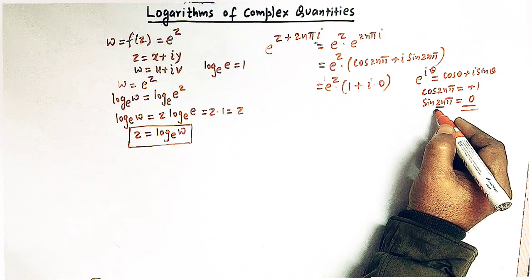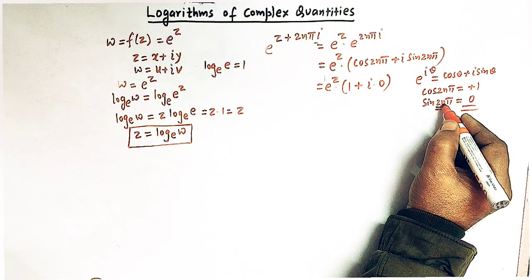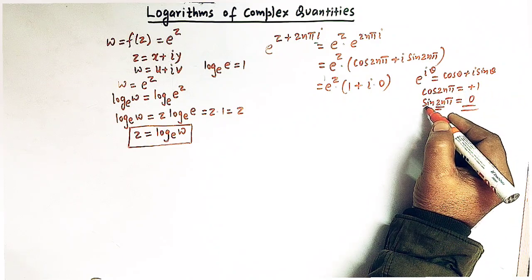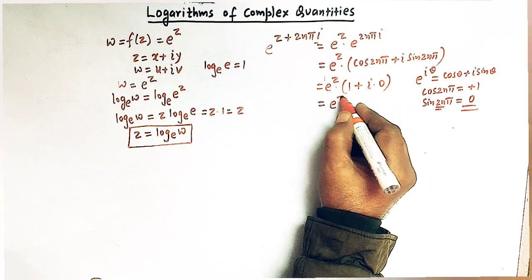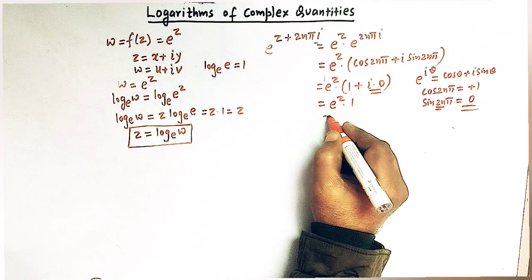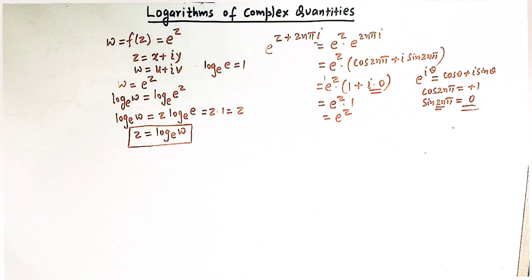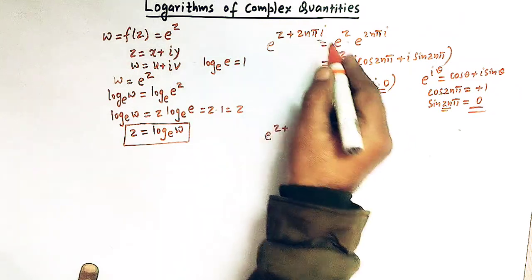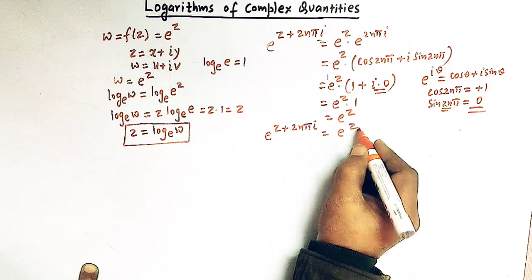This is because we have an integral multiple of pi, as n is a positive or negative integer, or n is 0. So sine 2n pi is equal to 0. So now this expression is equal to e raised to z times 1, plus a quantity that is 0, so we have e raised to z. So we see that e raised to z plus 2n pi iota is equal to e raised to z.